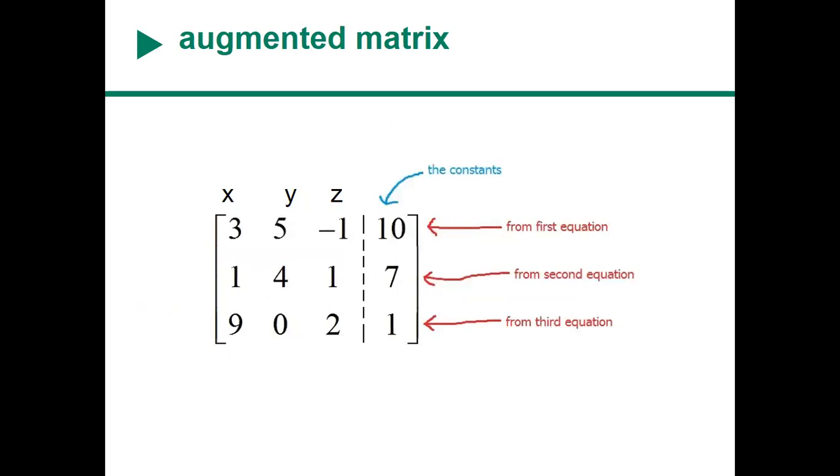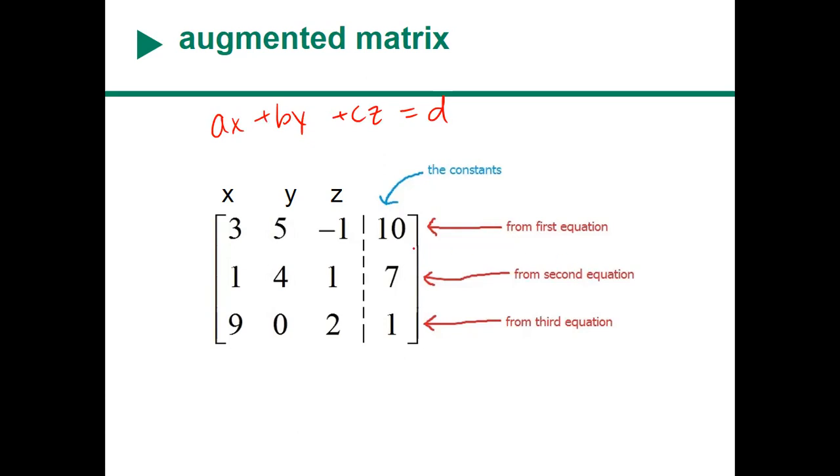The main thing that we're going to talk about here is an augmented matrix. When you have an augmented matrix, you're taking equations and putting them in terms of a matrix. So here you had three equations in the form of ax plus by plus cz equals a constant, and you took out the coefficients and constants and created an augmented matrix.